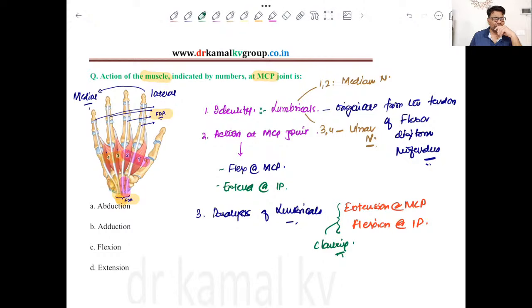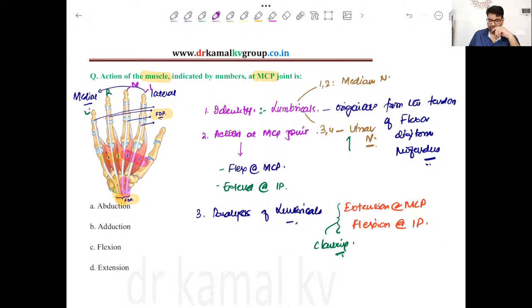And therefore when we discuss ulnar clawing, we see that there is only involvement of the third and fourth lumbricals, involving only the ring finger and the little finger. If there is median nerve involvement, there will be involvement of the index finger and the middle finger. And if both the nerves, median plus ulnar, are involved, then only we will have total clawing, right? So that's why total clawing involves both the nerves.